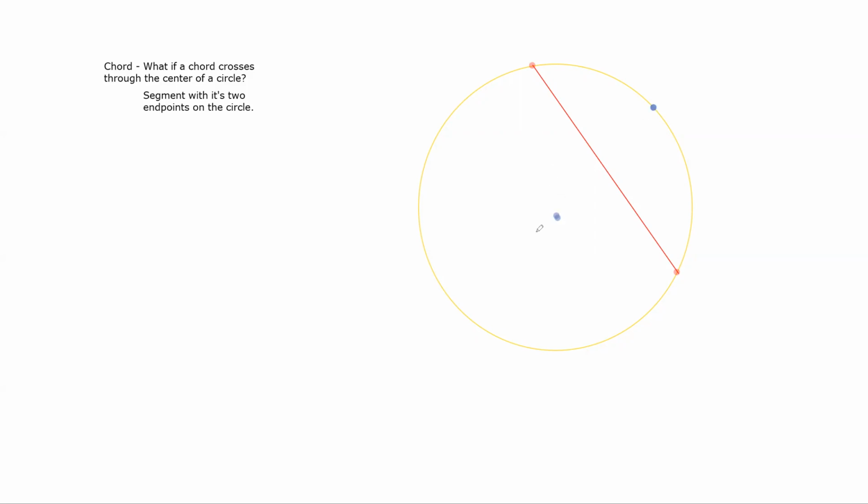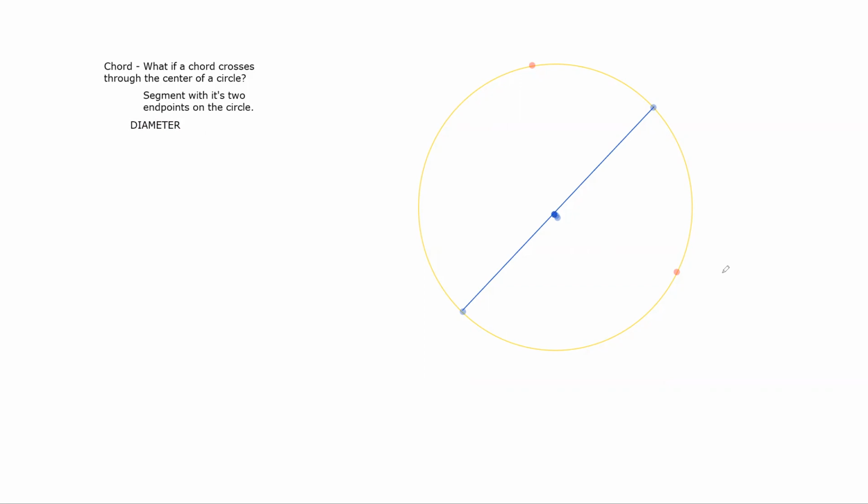We're going to pretend like that is the exact center. Hopefully that looks familiar to you because you've seen it for a long time in your math. That chord that goes right through the center is also known as the diameter of a circle. The diameter is nothing more than a chord which passes right through the center.